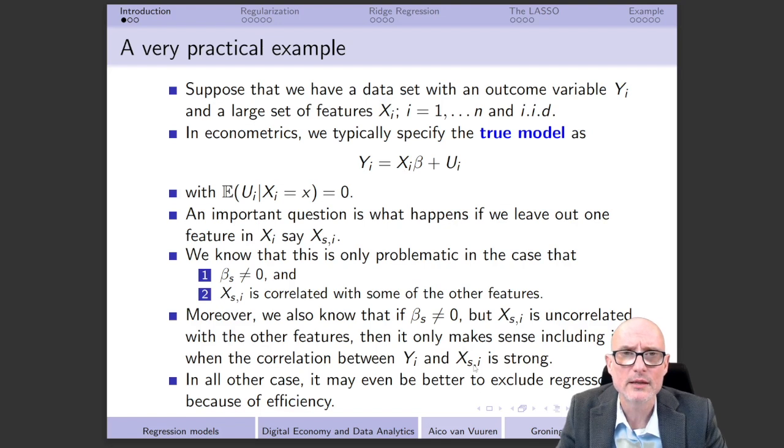That is to say, if we have a relatively large t-value. Usually we say larger than 2, but at least the t-value must be relatively large in order to include that particular feature. Otherwise, it's always better to exclude the feature because of efficiency.